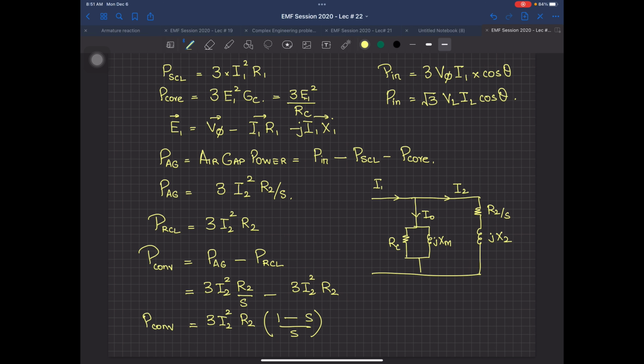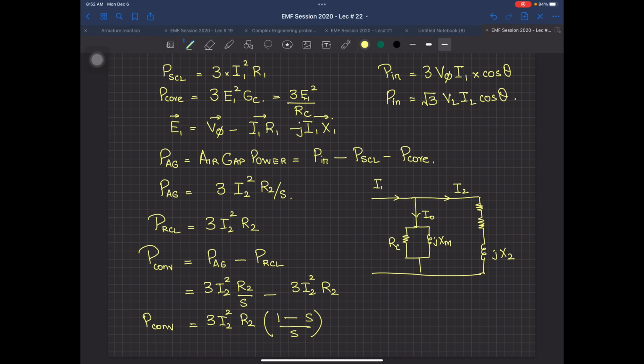So this is going to be your P converted power. Now what this is actually telling you, listen to this very carefully now. This P converted power has R2 multiplied by 1 minus S divided by S. So practically, your rotor circuitry is composed of two resistances.